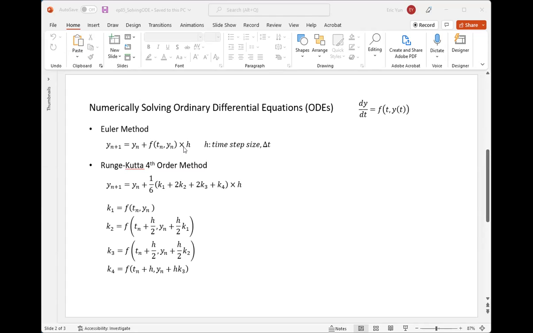A very common thing is an algorithm called the Runge-Kutta fourth order method. It basically breaks this delta h step into different pieces, in this case, 4 pieces.